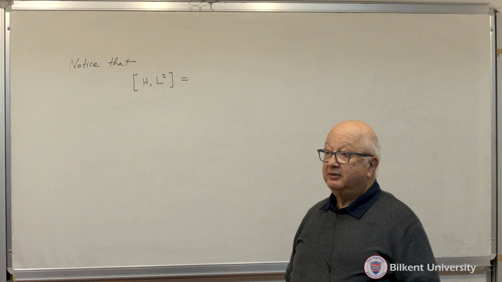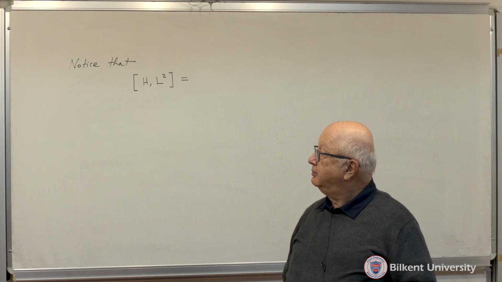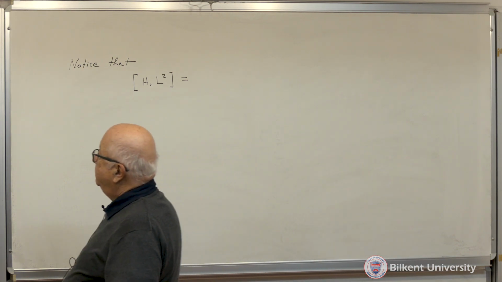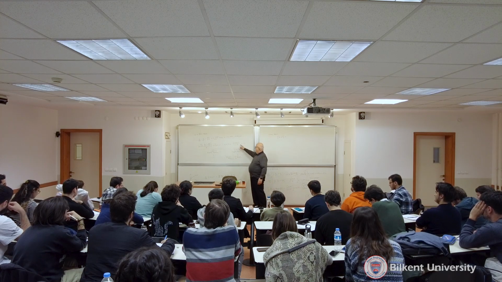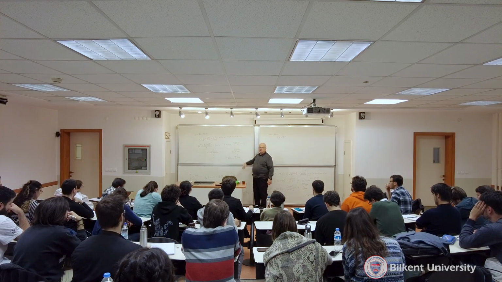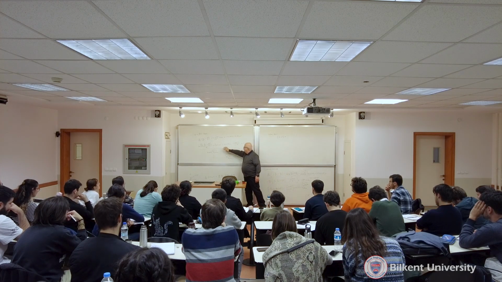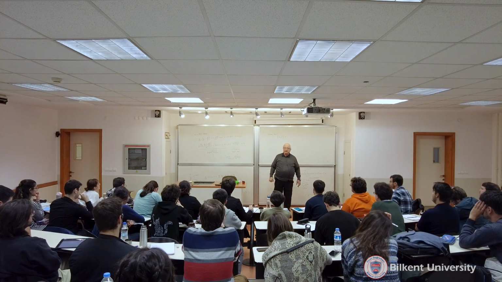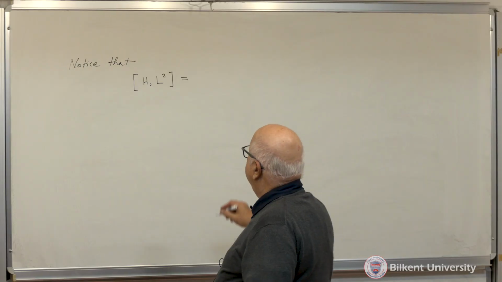The Hamiltonian decomposes into a radial and an angular term. L squared clearly commutes with the angular term and also the radial term. L squared is an operator which contains theta and phi derivatives only, and obviously it commutes with itself. It also commutes with all this stuff because there's no theta dependence in that part. So I'm going to get 0.